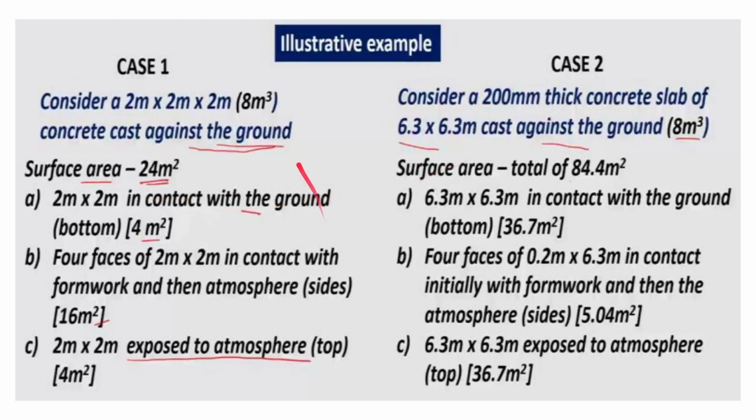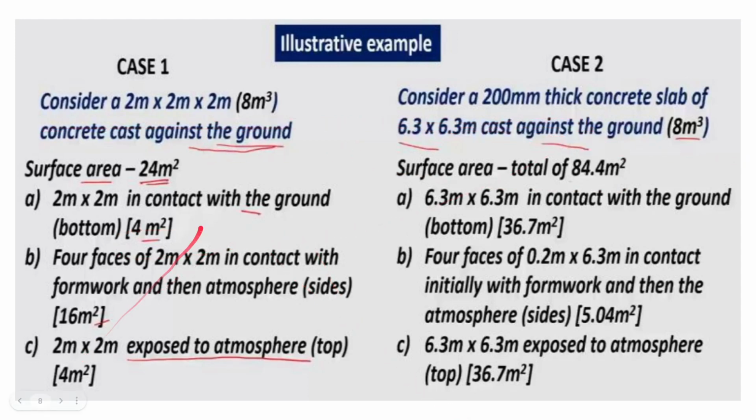The block has a surface area of 24 meter square, whereas the slab has a surface area of 84.4 meter square, just because of its dimensions, although the volume is the same.